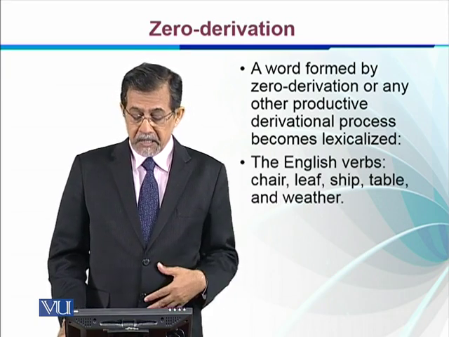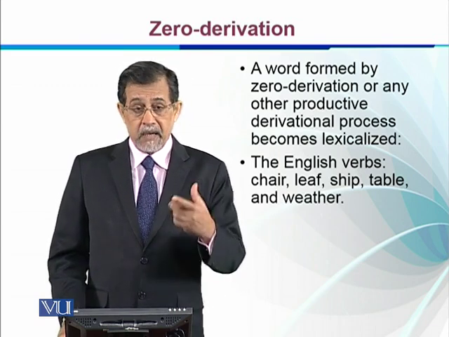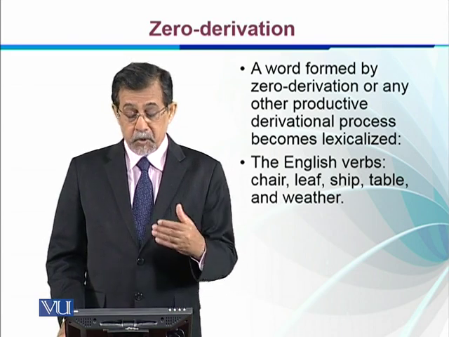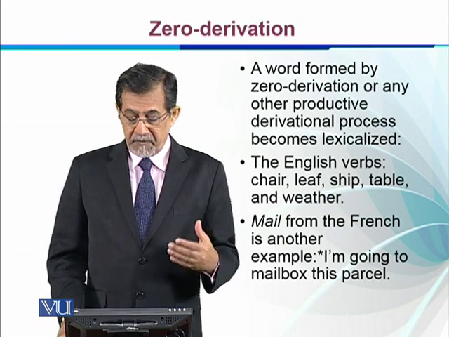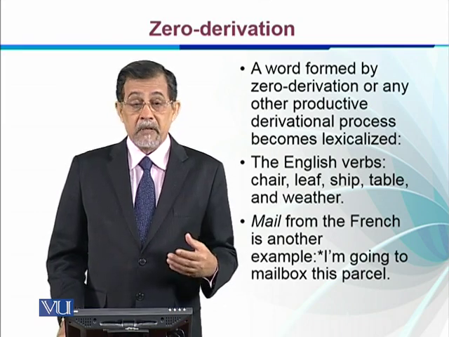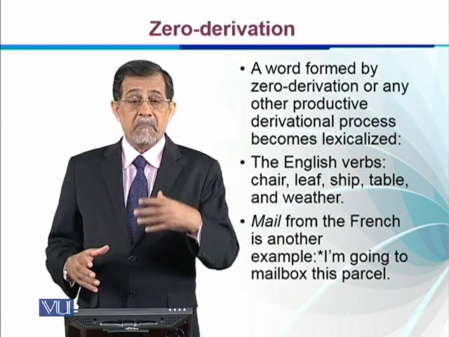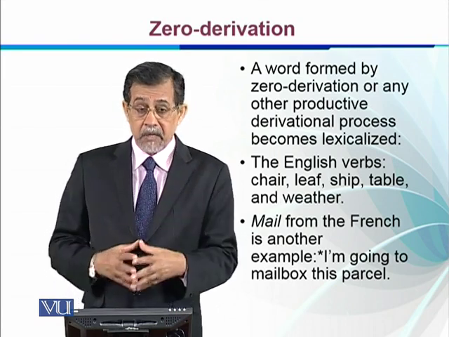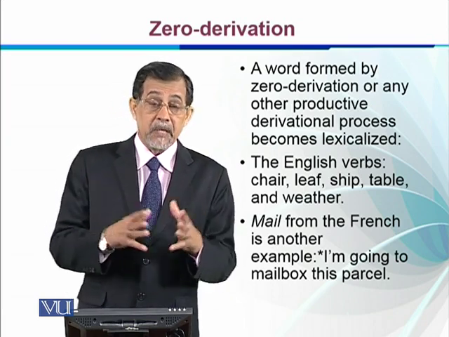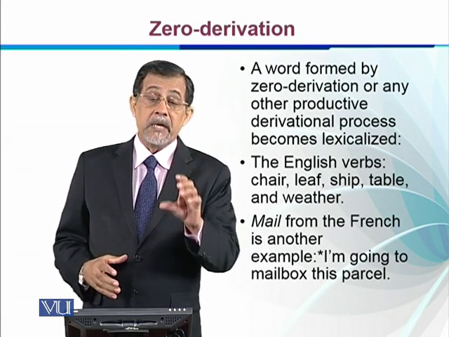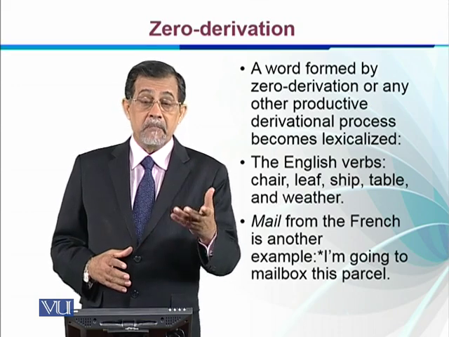For example, the English verbs chair, leave, ship, table, and weather are all examples of this process of zero derivation. Mail from French is another example. Mail was used for a bag or a trunk, now it is used for something that has the content in it, like a letter. I mailed it. Where is the mail?